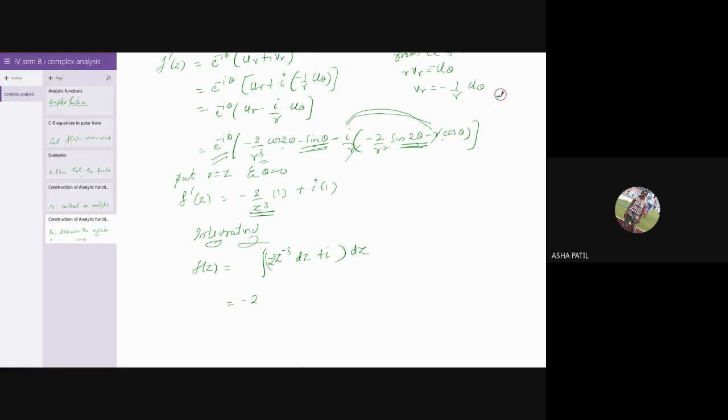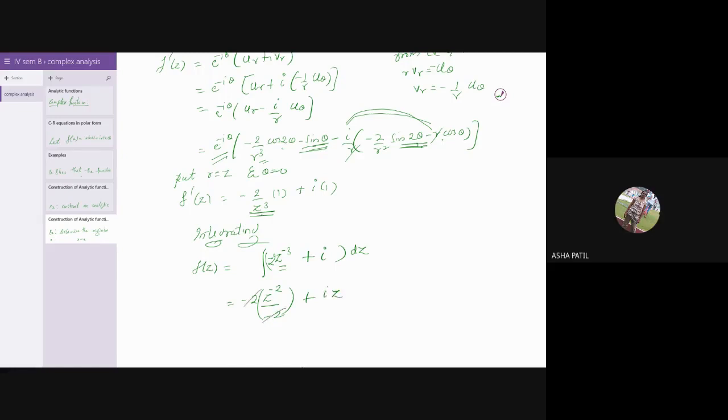So minus 2 times the integration of z raised to minus 3 is z raised to minus 2 divided by minus 2, plus i, what is the integration of i? i into the integration of 1, that is z.